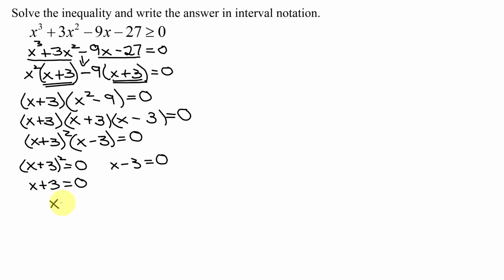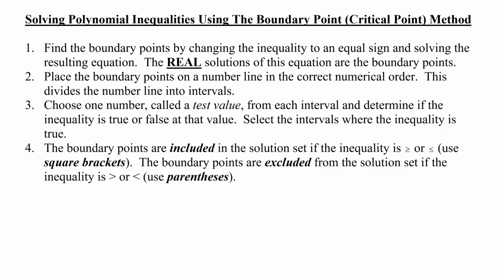Subtracting 3 from both sides, you get x equals negative 3. On the second one, x minus 3 equals 0. Add 3 to both sides, you get x equals 3. Now these 2 values, these are the boundary points for this problem. So looking at our steps, I've completed step 1.